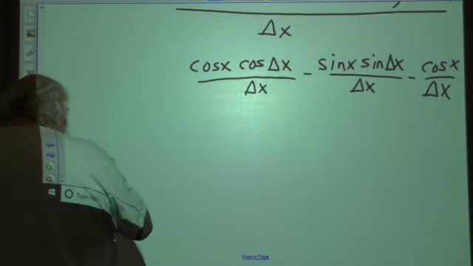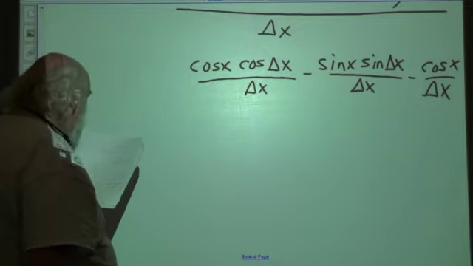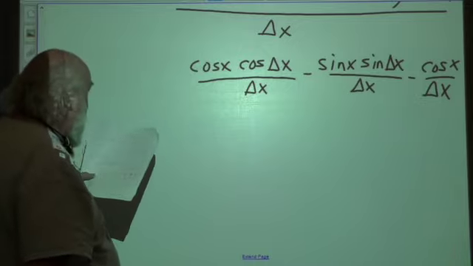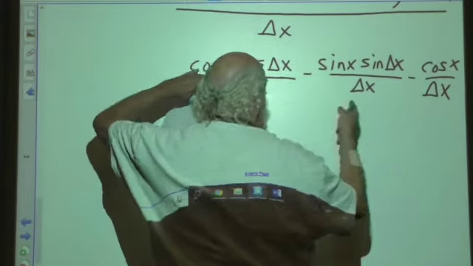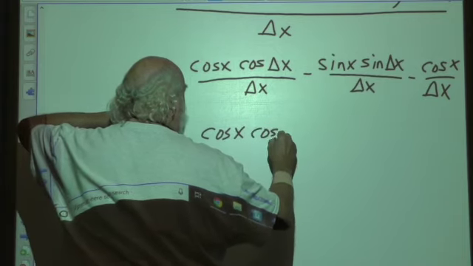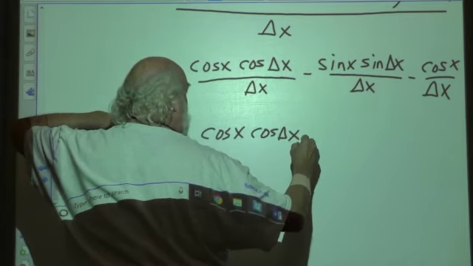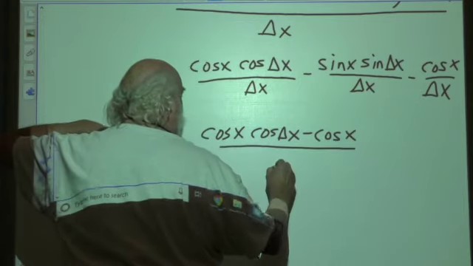Now, at this point, I'm going to factor out a cosine x out of these 2 right here. So I'm going to bring these 2 together: cosine x, cosine delta x minus cosine x all over delta x.